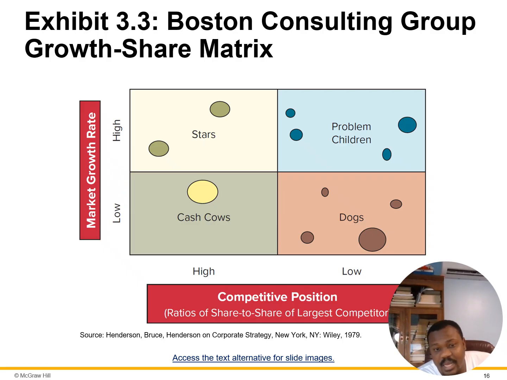We have the relative competitive position, the ratio of share to the share of the largest competitor. You look at all these, and it's a portfolio, and that is the strategic business unit. They look at every product line and the returns that can be made from every product line, and the strategic business unit is independent and makes all these decisions.